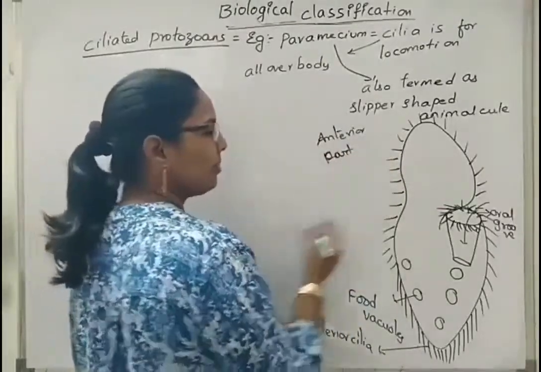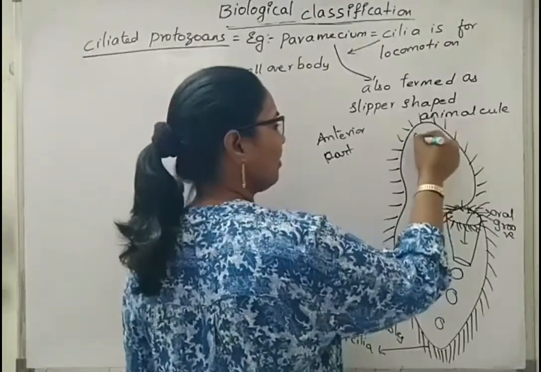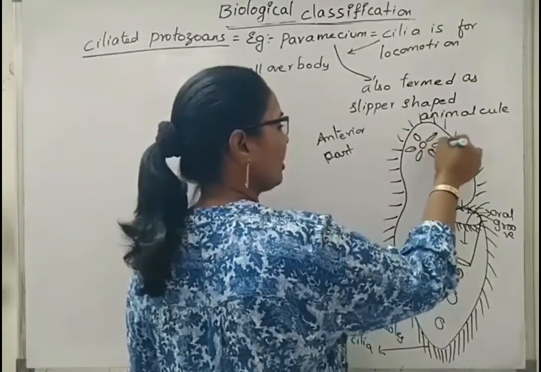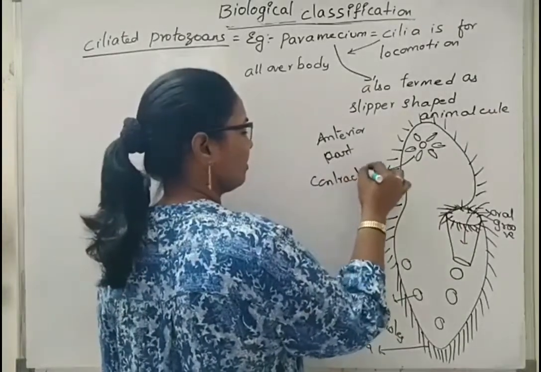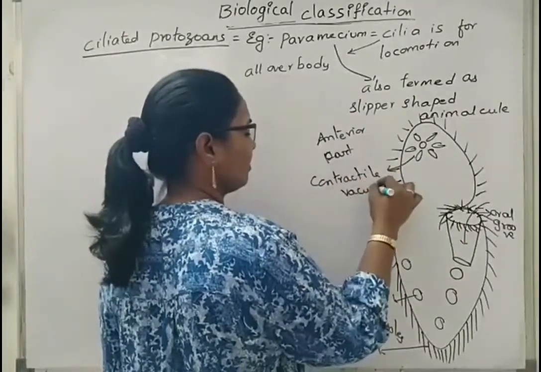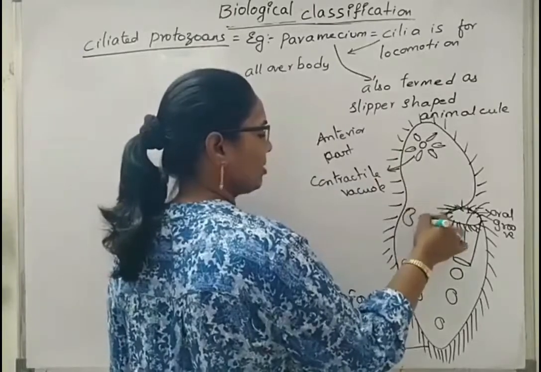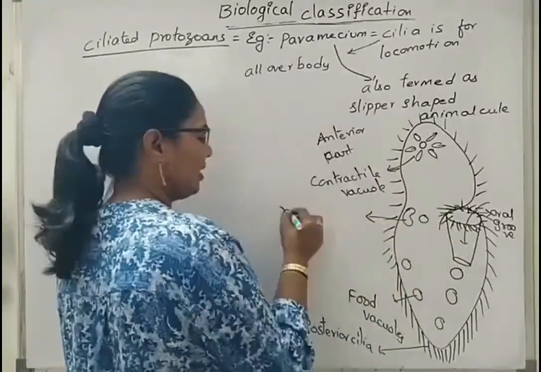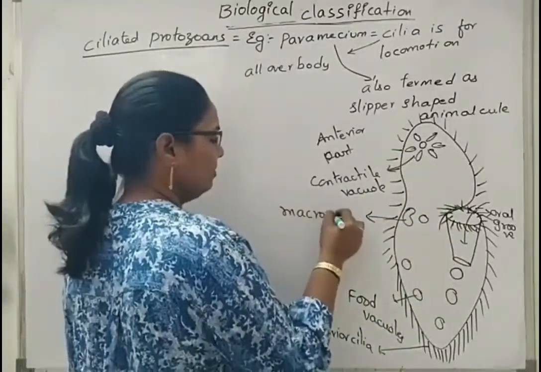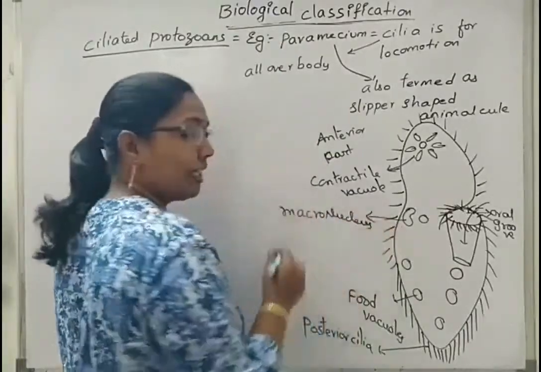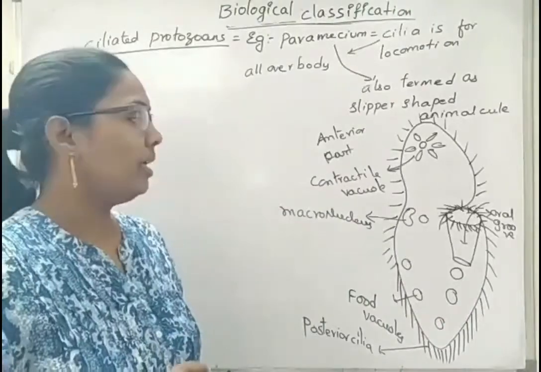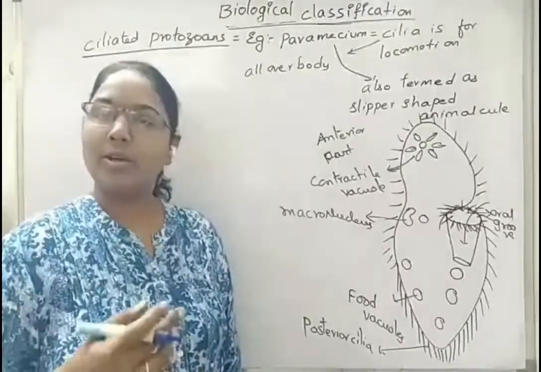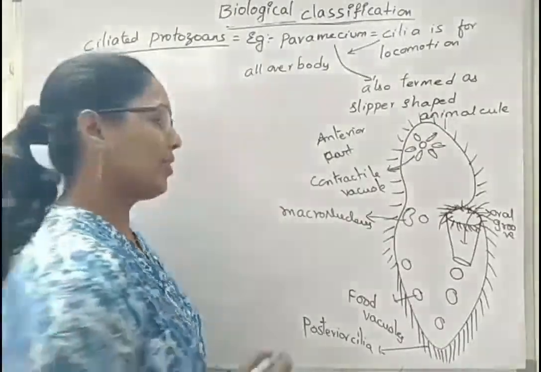All these are cilia, and it has a contractile vacuole to maintain body osmotic balance. It has two different types of nuclei. One is the macronucleus, which is not involved in reproduction but disappears during reproduction, and it will be divided during transverse binary fission.